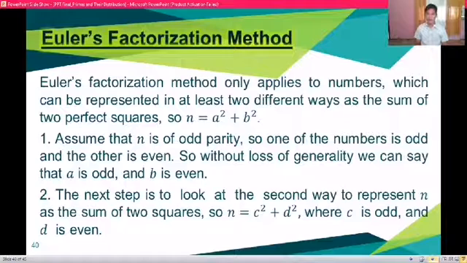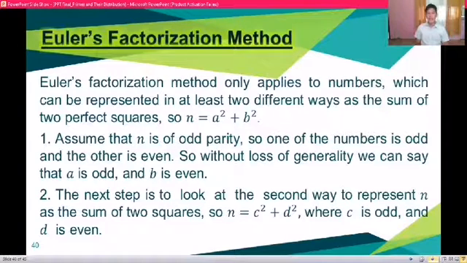So for example, the number 221. Let us try to find two numbers, two perfect squares, which when we add them, their sum is equal to 221. So, we can make it 11 squared plus 10 squared. Okay? We can also represent it as 5 squared plus 14 squared.